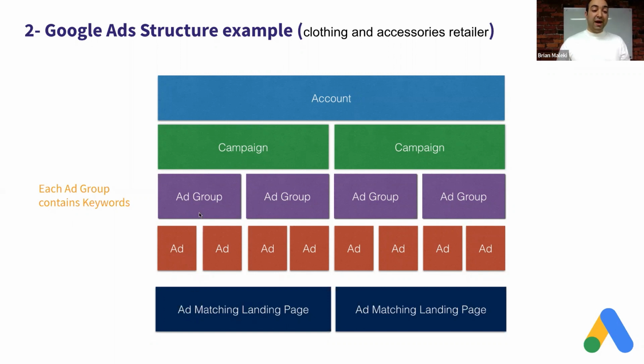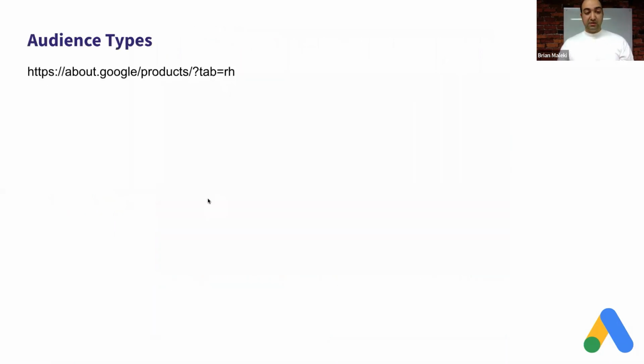In this way, Google's intelligent algorithm can see that, okay, you have keywords here, here, and here. Even in the headline and description of your Google Ads, you must include those keywords you use in the ad group.